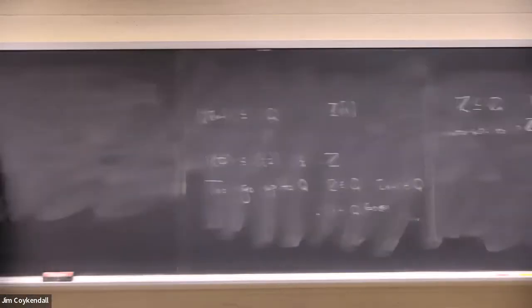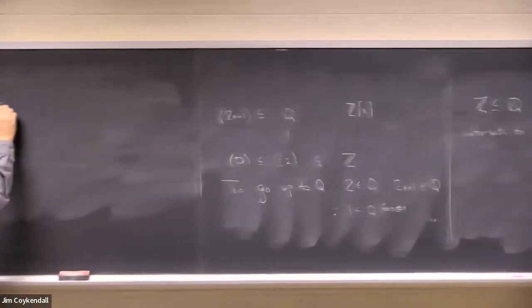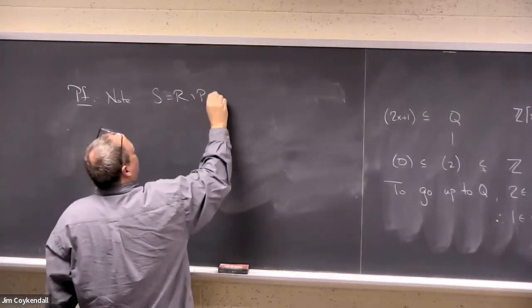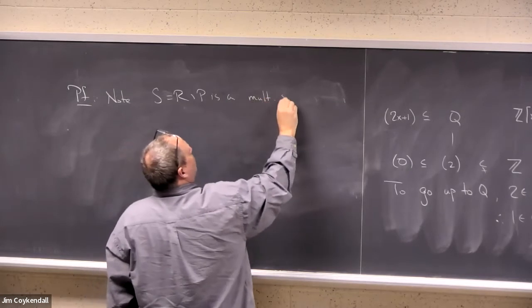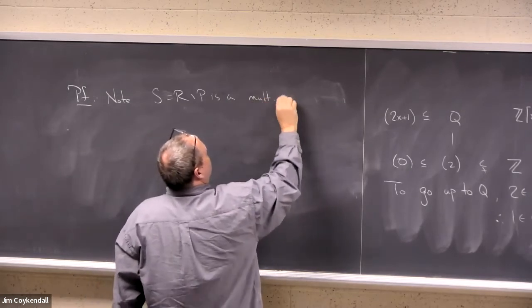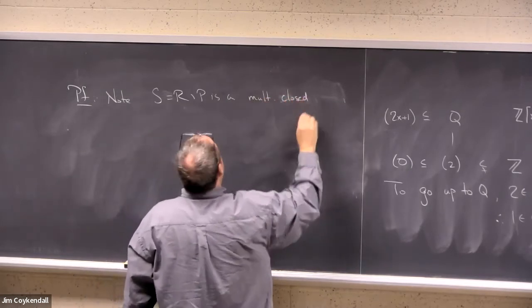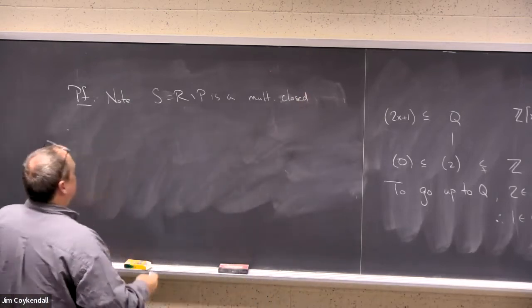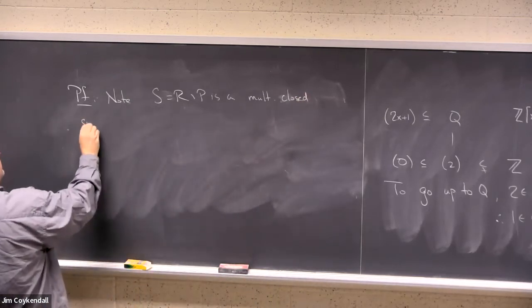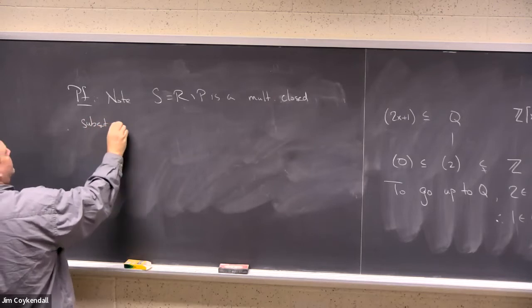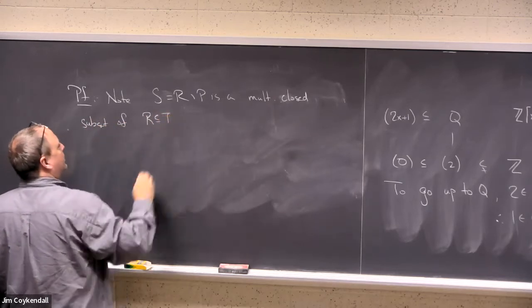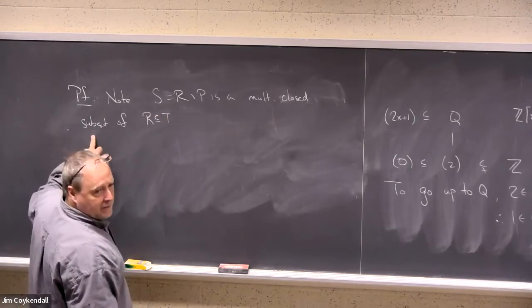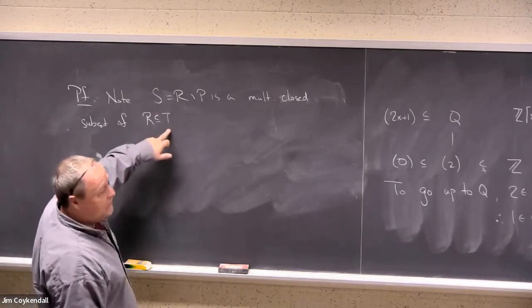Note, S is a multiplicatively closed subset, and in fact, in this case, it's saturated in R. So S is a multiplicatively closed subset of R and hence of T.